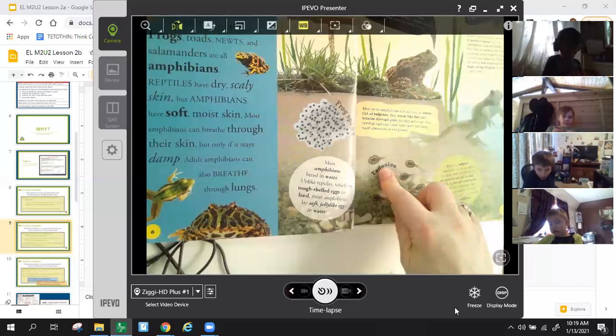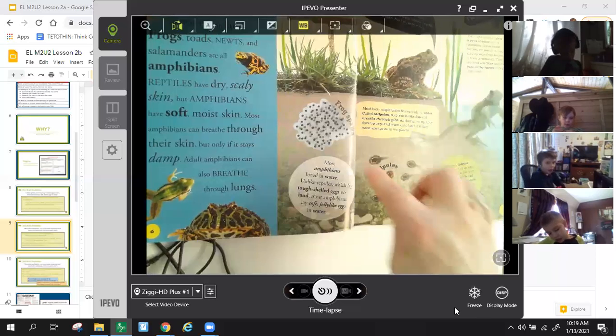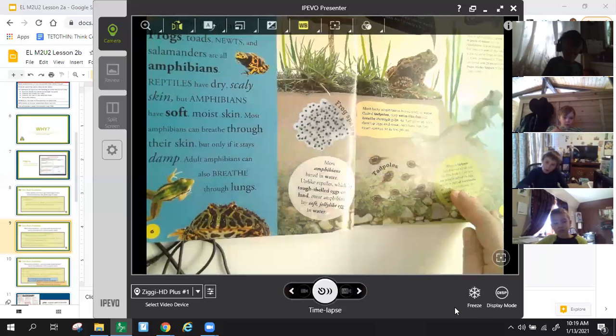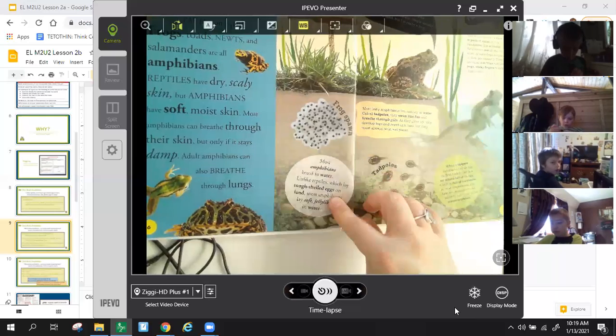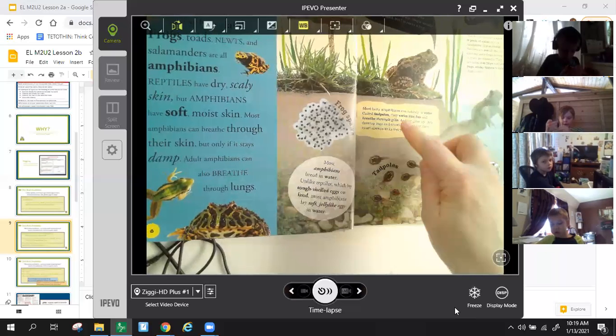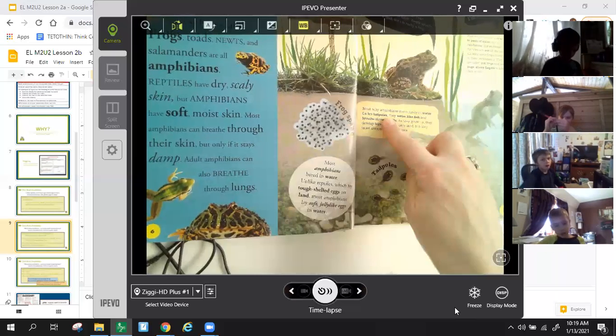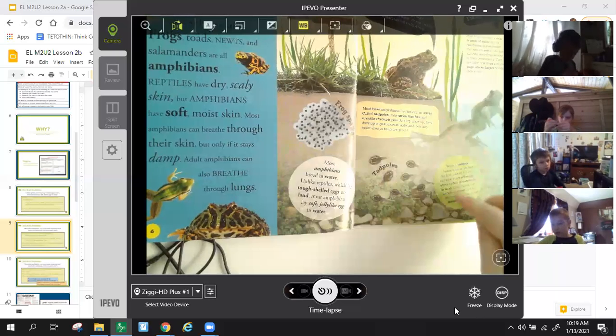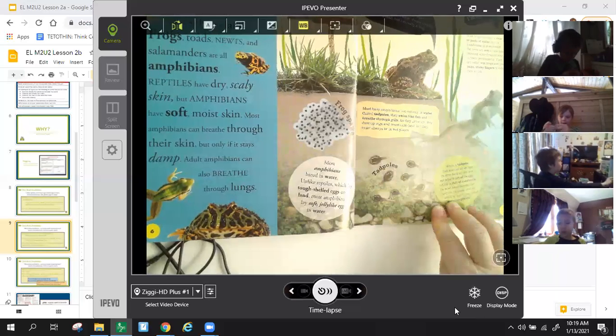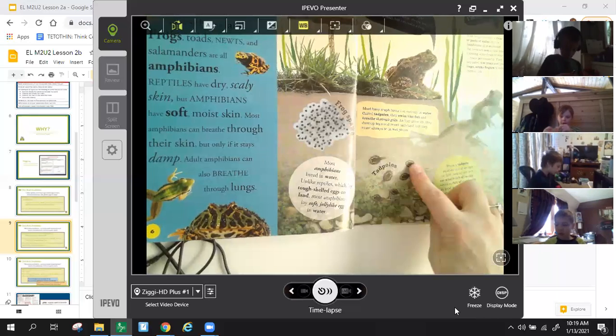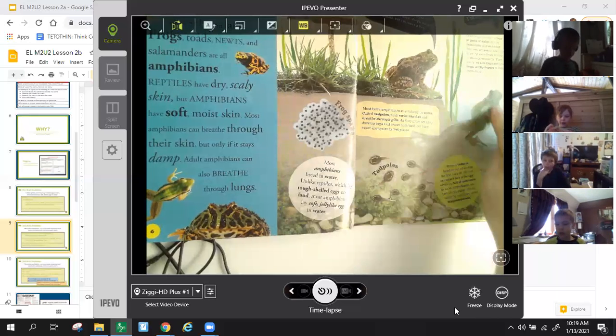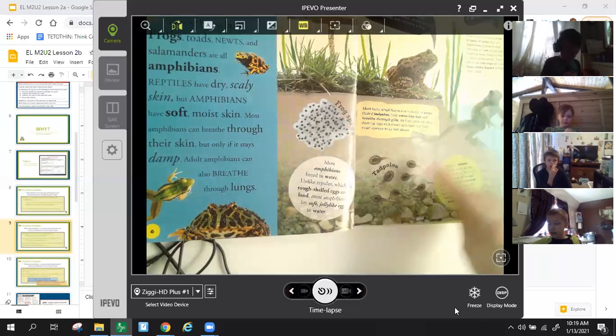These illustrations are helping us understand about these jelly-like eggs and also about how we're going to get from this egg stage to an adult, right? Here's our tadpoles. Then we have another illustration over here that shows us now we have an adult frog. Is there a big difference between this and this?